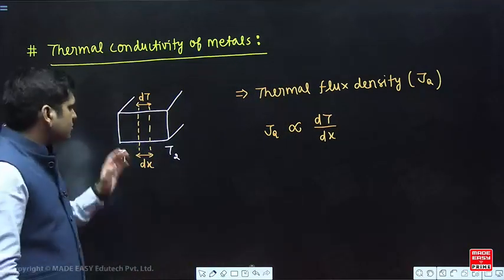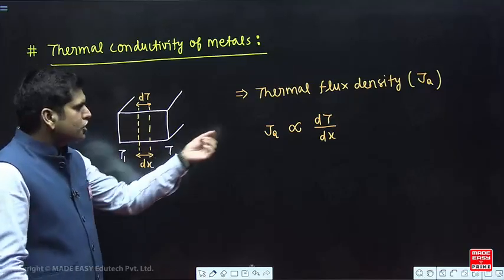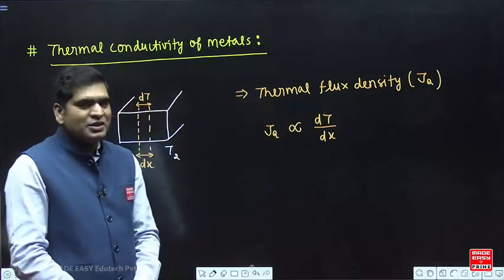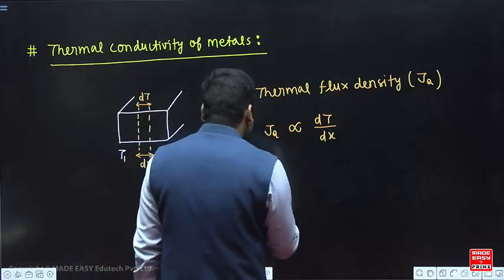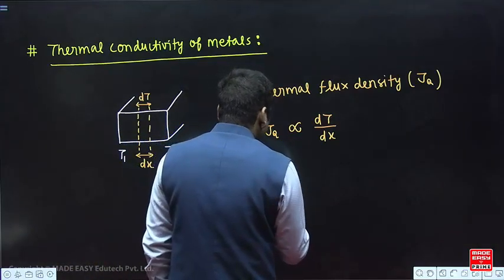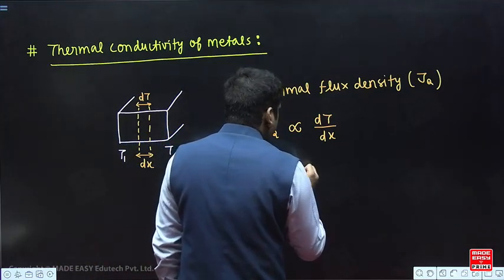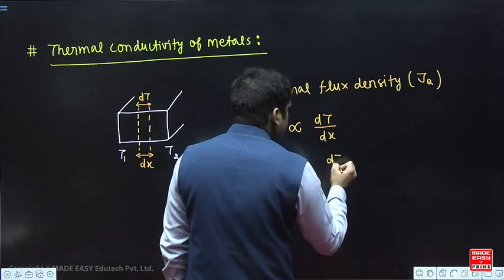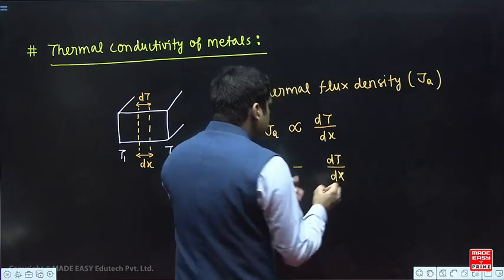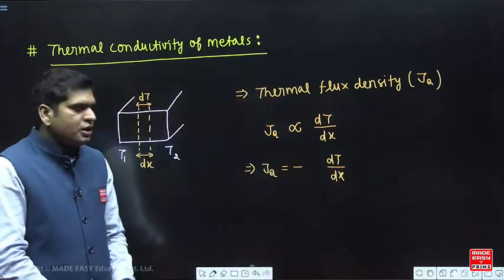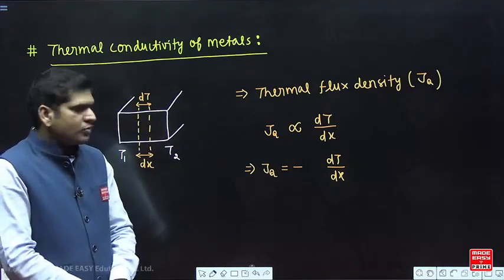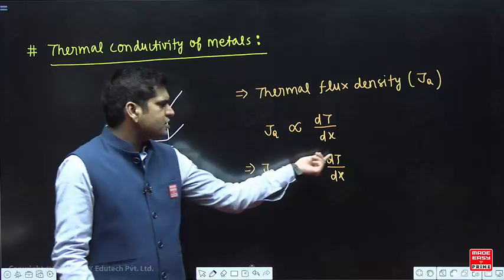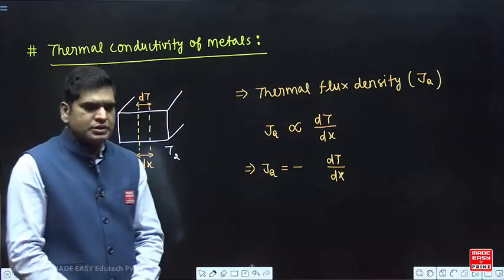We know that heat moves from high to low temperature, so dT will always be negative. In order to make this quantity positive, we put a negative sign. So J_Q is equal to minus dT/dx. This minus just indicates that the heat will always go from high to low temperature. dT is negative, so this minus and this minus will become plus.